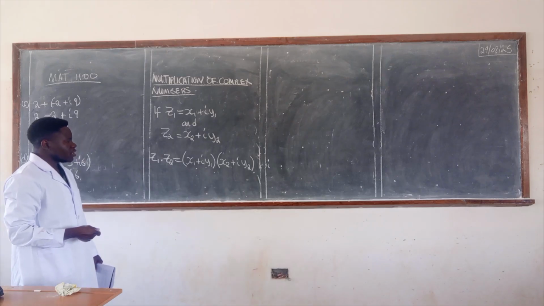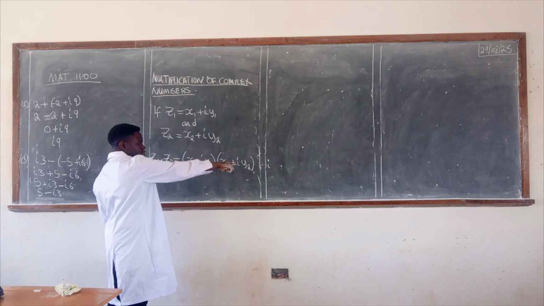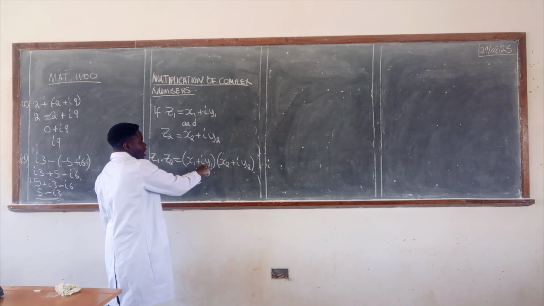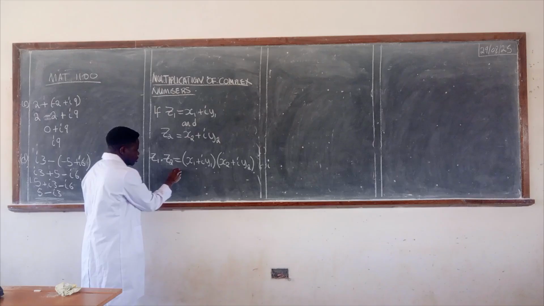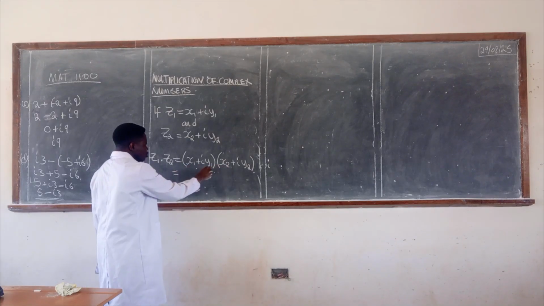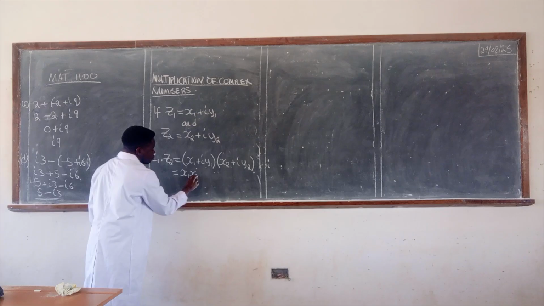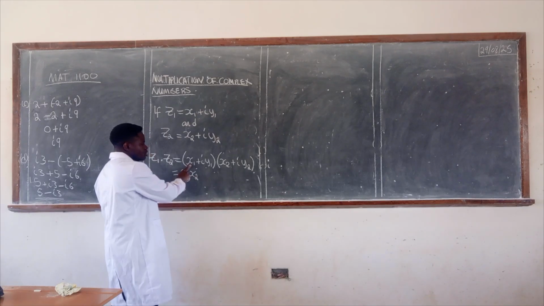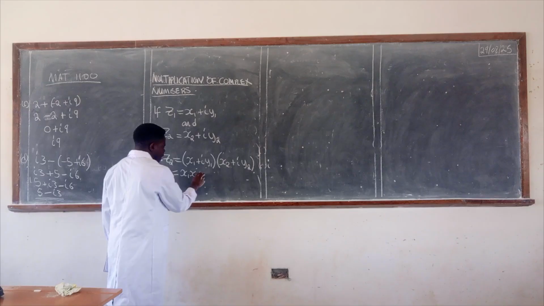We multiply X1 throughout that expression and iY1 throughout that expression. This is going to be X1 times X2, giving us X1 X2. Okay, X1 times iY2 is going to give us plus i.